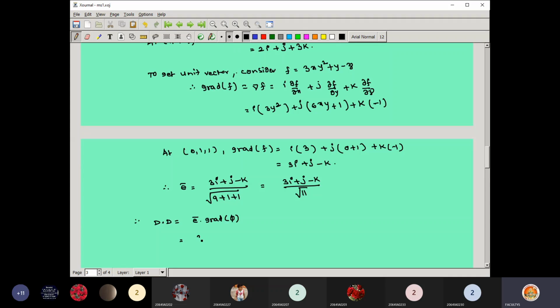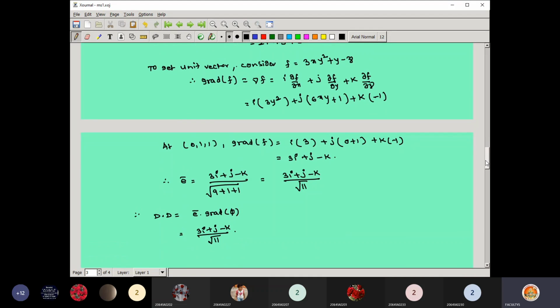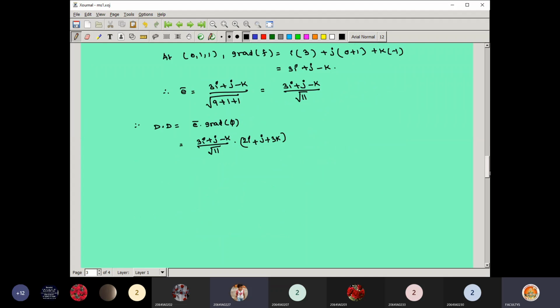So e bar means 3i + j − k, total divided by root 11, and the first one, gradient of phi we calculated, so your gradient is 2i + j + 3k. Because they asked for the directional derivative. So for that directly you get 4 by root 11.